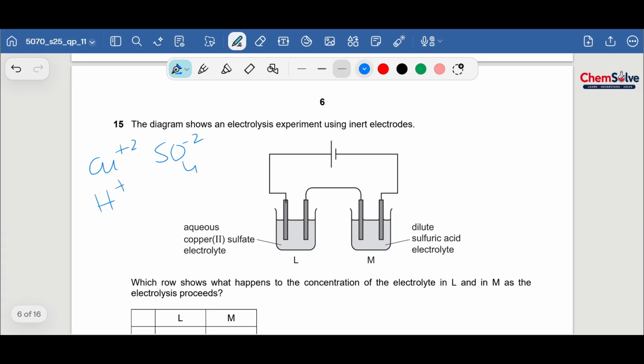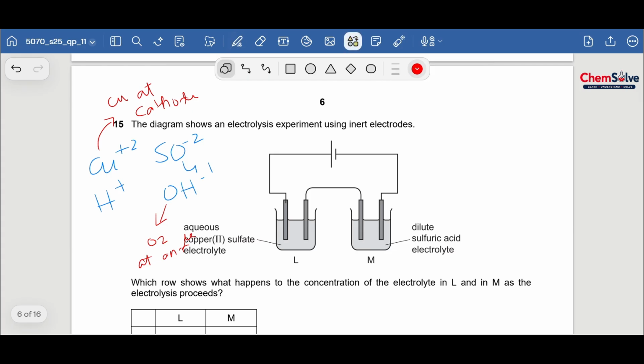Water has H+ and OH-. As the electrodes are inert, Cu2+ will form copper at the cathode, and OH- will form oxygen at the anode.